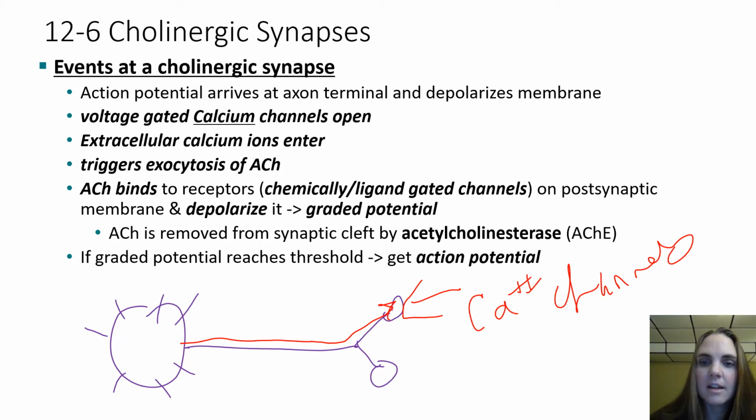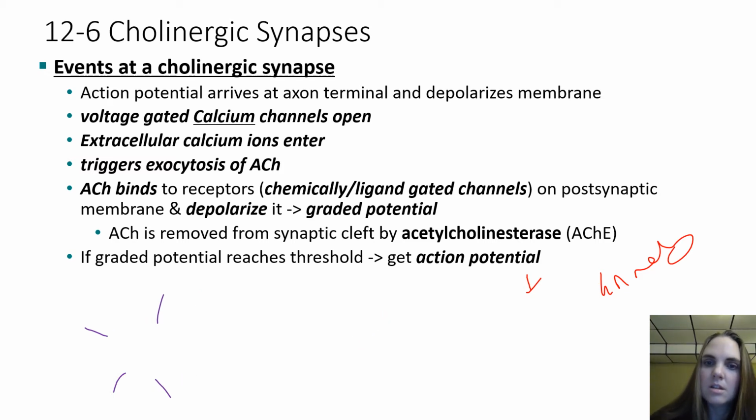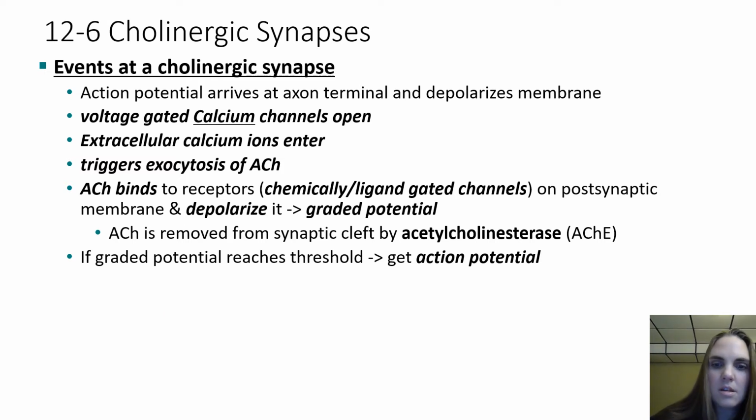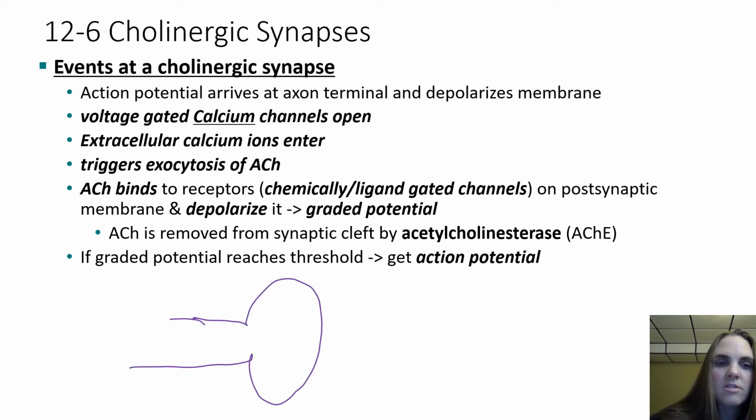So I'm going to erase this real quick and draw some more. This is going to be a close-up of our axon terminal, the very end of our telodendria. And we're going to have these vesicles full of acetylcholine, ACh.